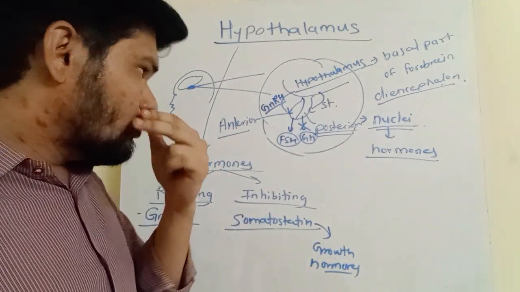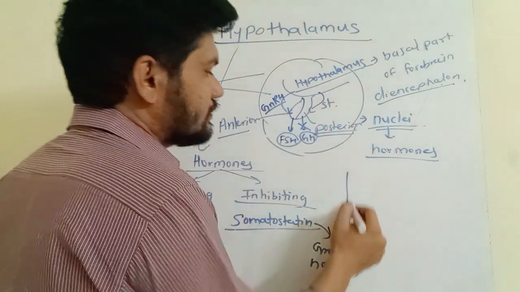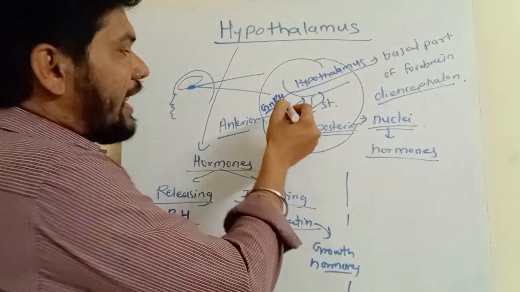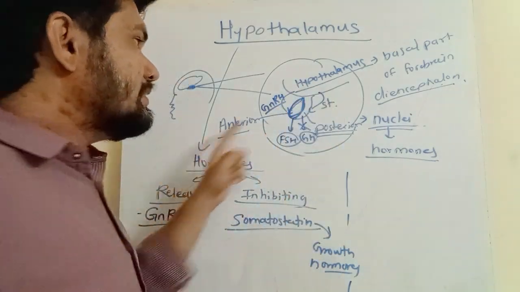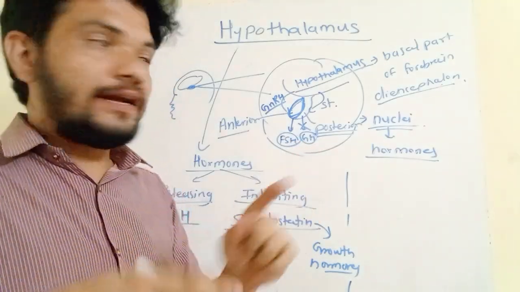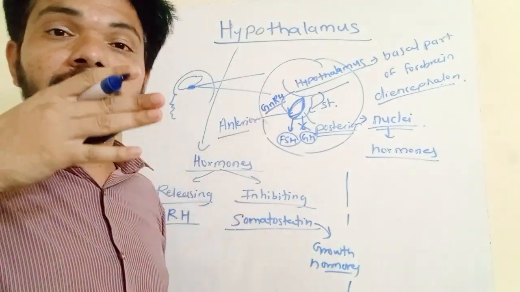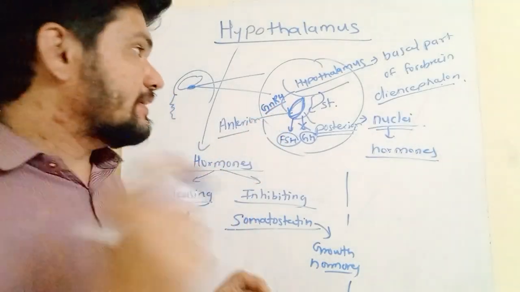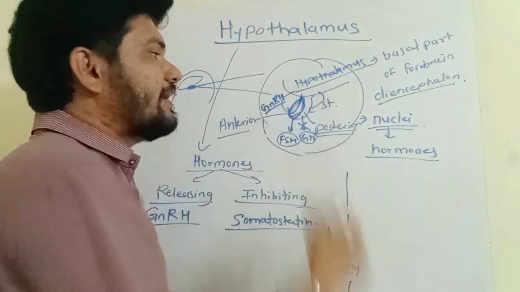Then one more thing you have to remember here: your anterior pituitary, this part, is regulated by the hormones secreted from the hypothalamus, which reach the anterior pituitary through the portal circulatory system present between the hypothalamus and the anterior pituitary.